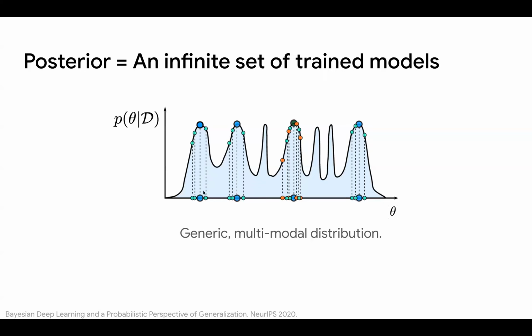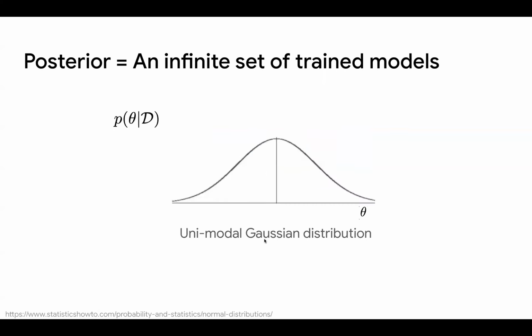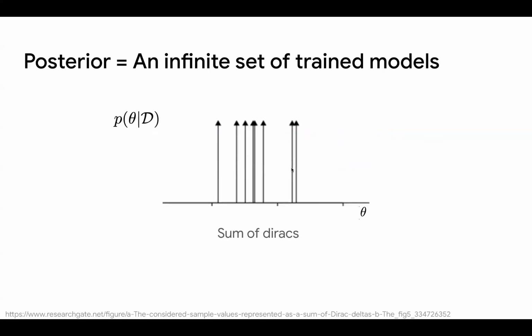So the posterior can also be this generic and highly multimodal, right? But also a lot of people like to use a unimodal Gaussian distribution for the sake of simplicity of computation.